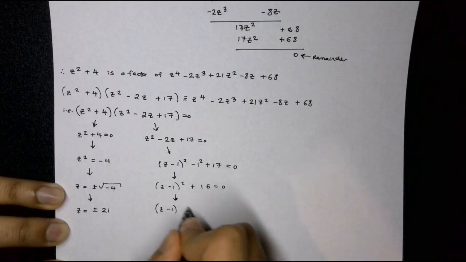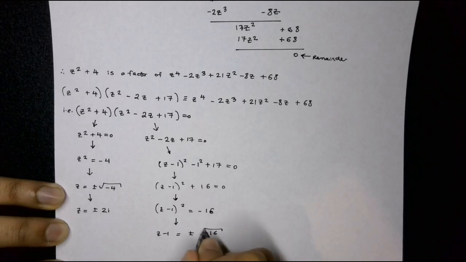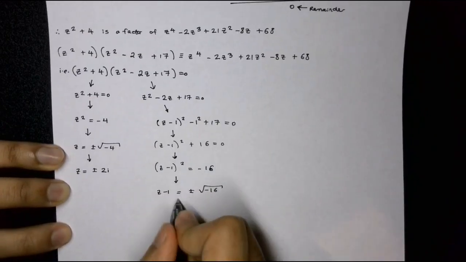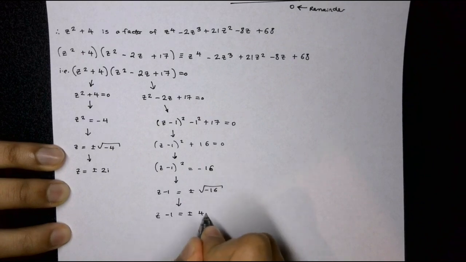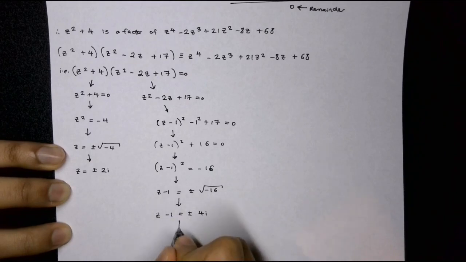Z minus 1 all squared is equal to minus 16. Square rooting both sides. Z minus 1, that's equal to plus minus the square root of minus 16. So you can see here z minus 1 is equal to plus minus 4i, and taking this 1 to the other side, you can see z is equal to 1 plus minus 4i.